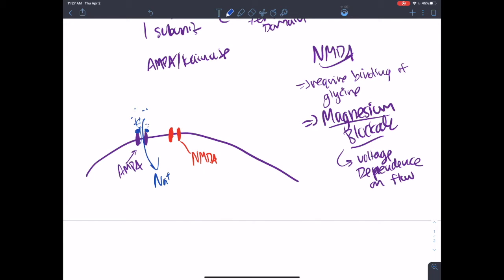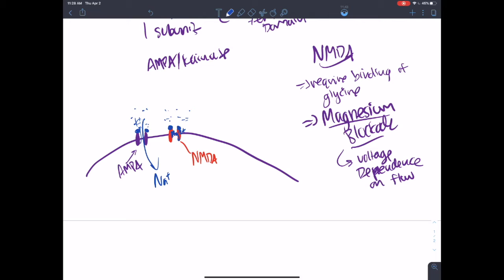Your NMDA receptors are also going to bind 2 molecules of glutamate or even more. I think because it's also a heterotetramer, there's going to be 4 ligand binding domains. So we've got all our glutamate out here. But then that magnesium blockade is going to prevent the flow of sodium and calcium.